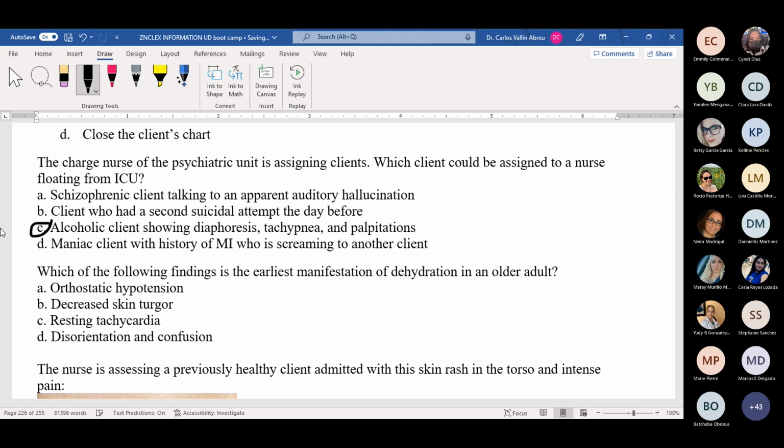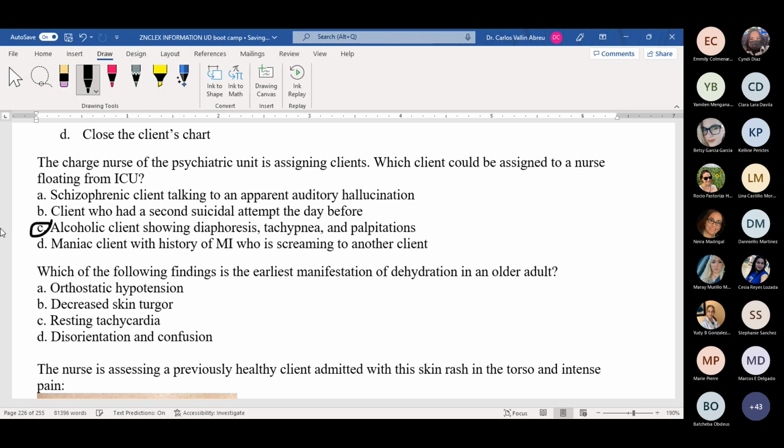Late is the delirium tremens. The delirium tremens is the late presentation of alcohol withdrawal. In this situation, the clients start having visual and kinesthetic hallucinations. They start seeing bugs crawling on the walls and feeling that animals are crawling on the skin, and then the patient will start having seizures. Delirium tremens is the extreme, severe, late manifestation of alcohol withdrawal.